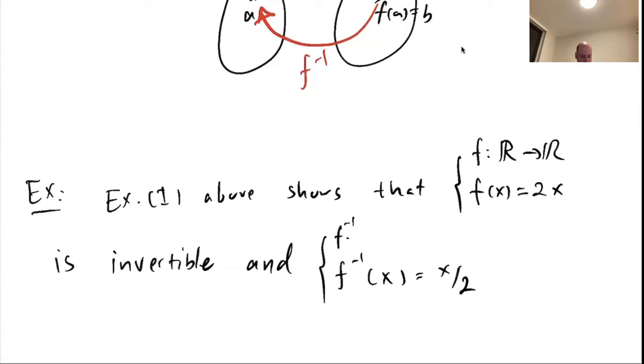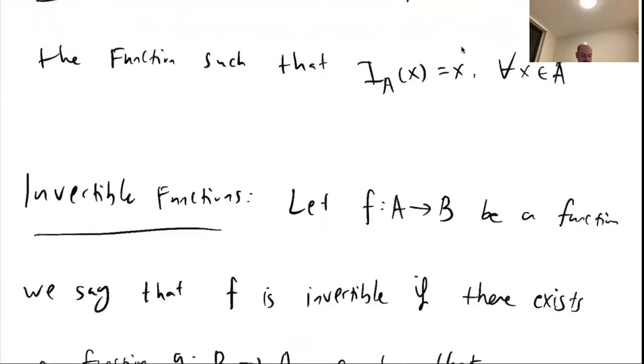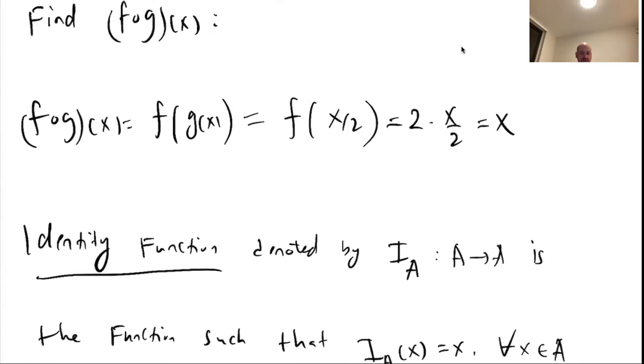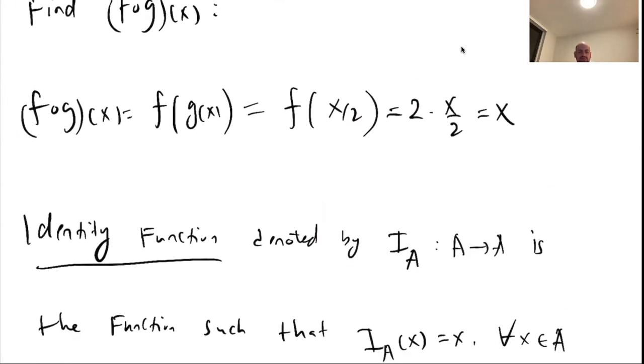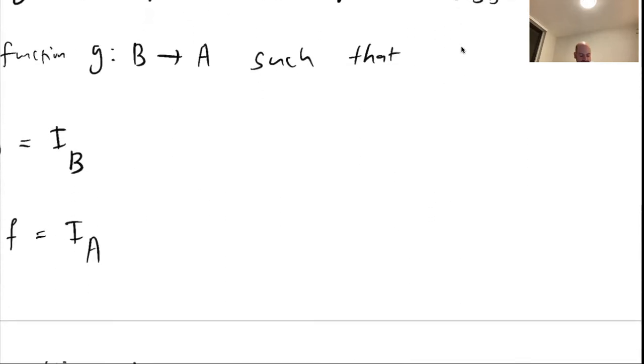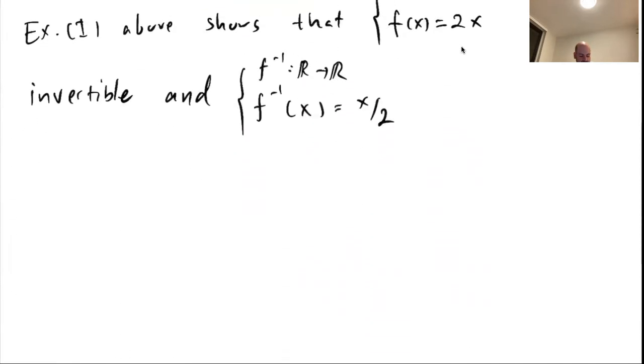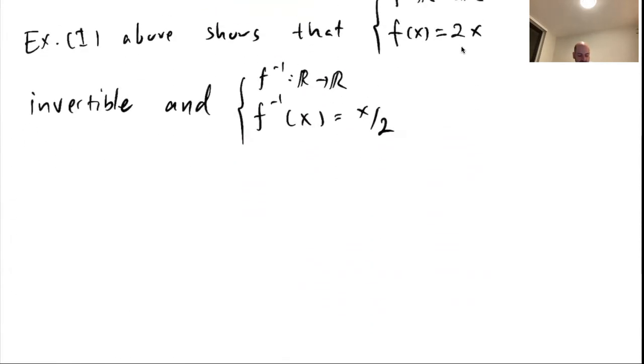F inverse is also from R to R. Right? That function G, because when we compose F with G, we get the identity function. So that means function G is called F inverse. G was x over 2, so F inverse of x is x over 2.